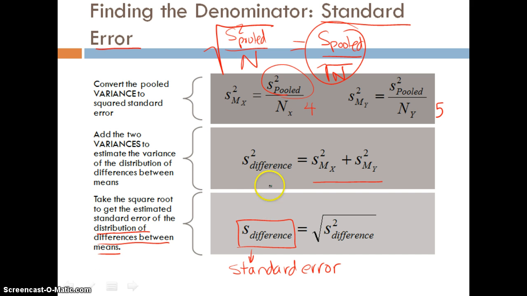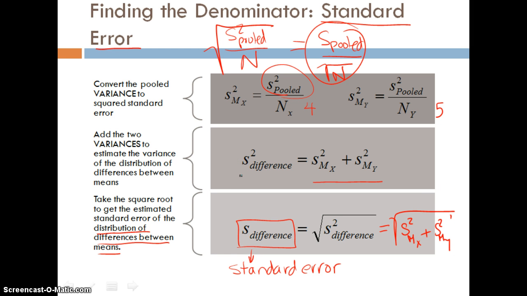The other thing you could say is S sub difference equals the square root of S squared sub mx plus S squared sub my. So you could combine these last two steps if you wanted to.